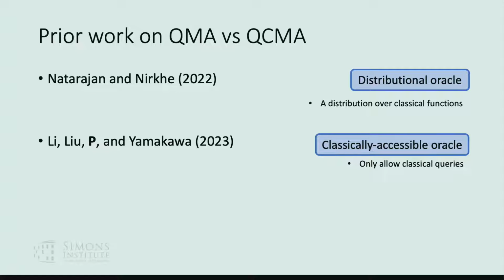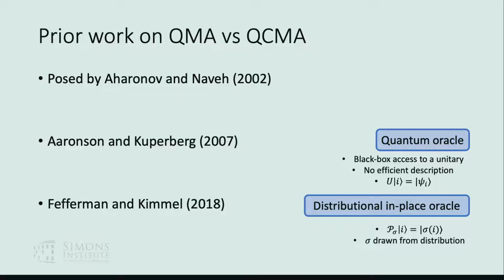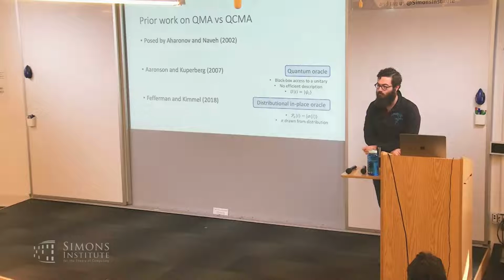On your previous slide, what do you mean by no efficient description of the quantum oracle? No, so it's a Haar random unitary, the oracle. So this is what I meant. There's no efficient classical description. But like most oracles, it's true that there's no efficient classical description of them, just because they're like a function in the sky. So what sets this one apart? It's worse.